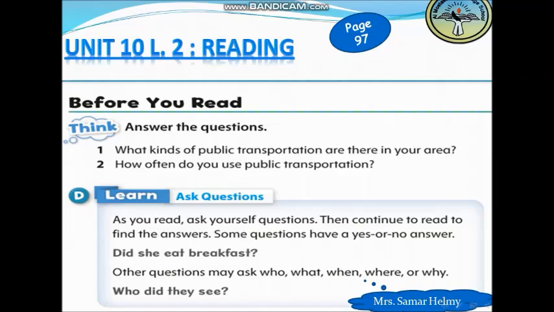When you go down to the streets, when you move around your house, when you move around your city, what can you see? What can drive you from one place to another? What kinds of public transportation are there in your area?